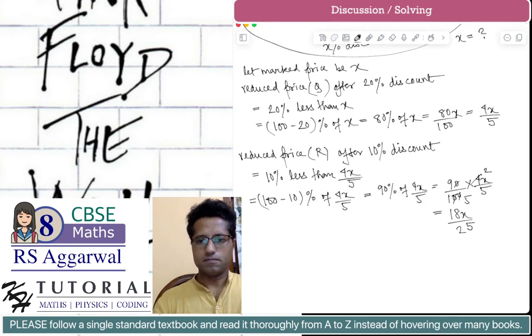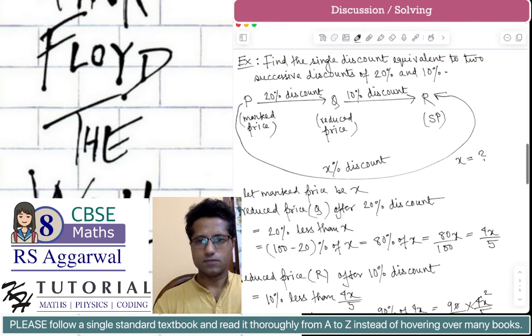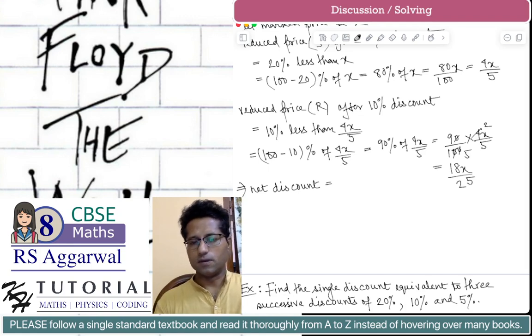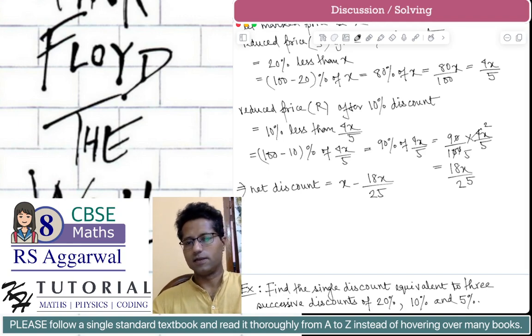So what is the effective discount? What is the net discount? This implies net discount is equal to the mark price, which is X, minus 18X by 25, because the final reduced price is 18X by 25 and the mark price was X. So what is the net discount?